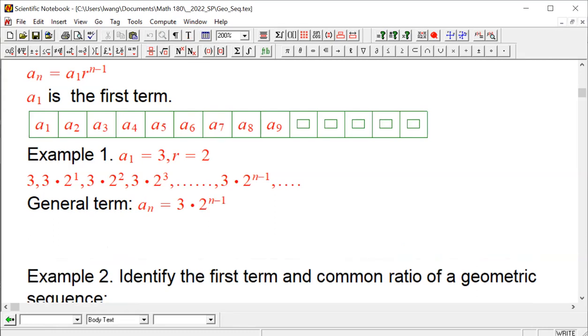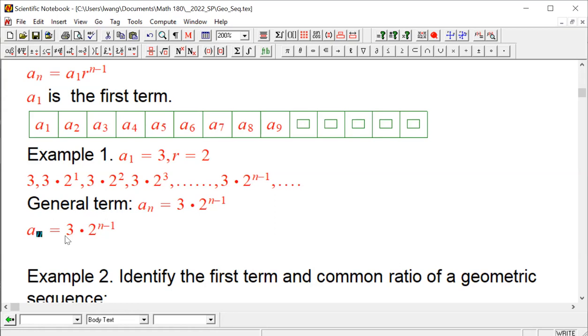So if I'm asking for the 99th term, I don't need to go through the list 1, 2, 3, 4, 5, 6, all the way to 99. All I have to do is apply this formula.